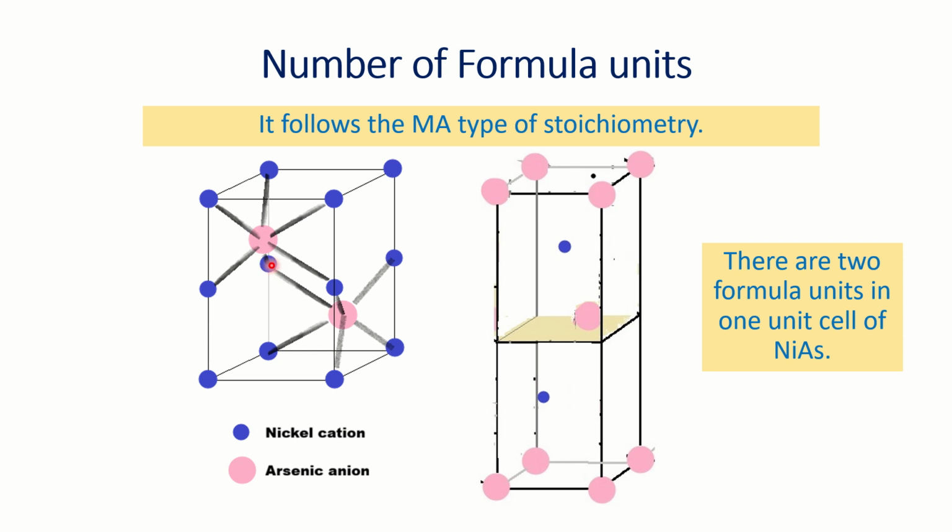So 1 by 6 into 2, 1 by 3 into 2, and here 1 by 6 into 2. The total number is again 1. So 1 from the vertices and 1 from the edge. So 2. And 2 arsenic are inside. So whatever be your point of vision, both ways you can see that 2 formula units are present.